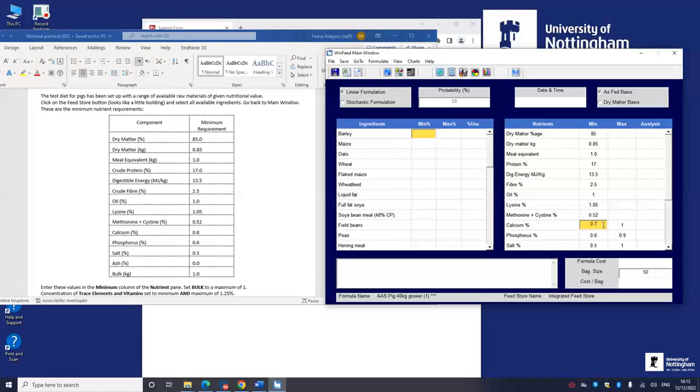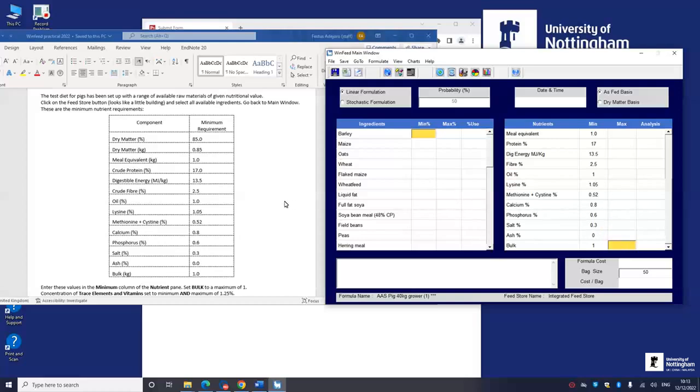Calcium 0.8. Phosphorus 0.6. Salt 0.3. Ash will leave at 0 and bulk at 1.